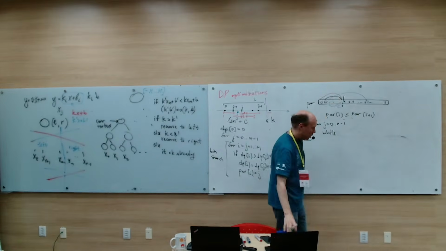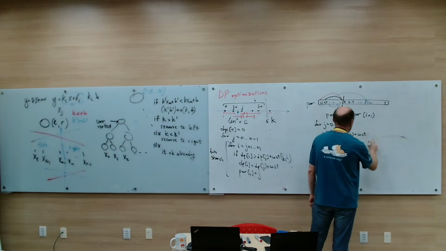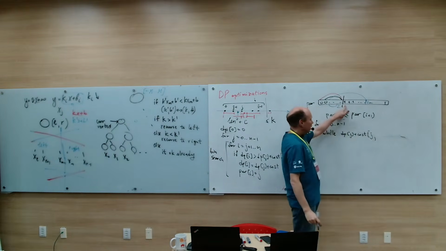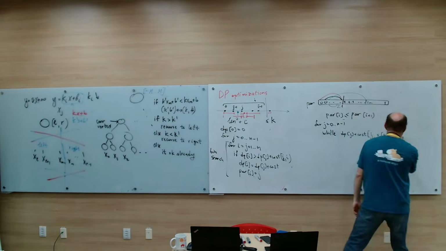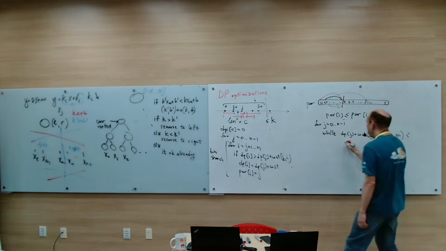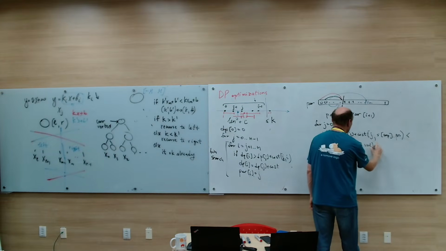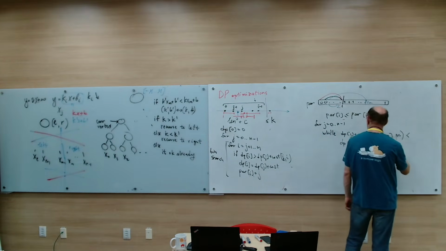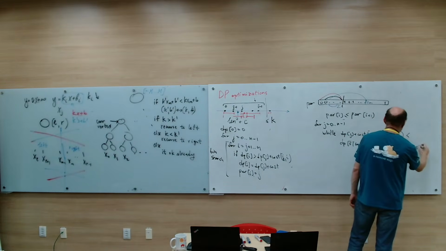So while dp[j] plus cost from j to that position is better than dp[stack top value] plus cost from the stack top value to that position.